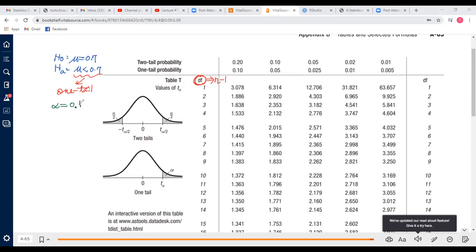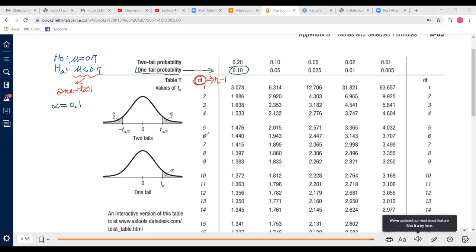So this is how you find the critical values. Because this is one tail, you're looking for the one-tail row here. So let's say it's 0.1. Where is the 0.1? Here, this is 0.1.